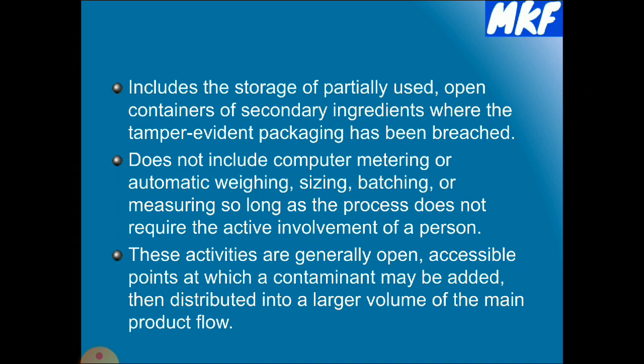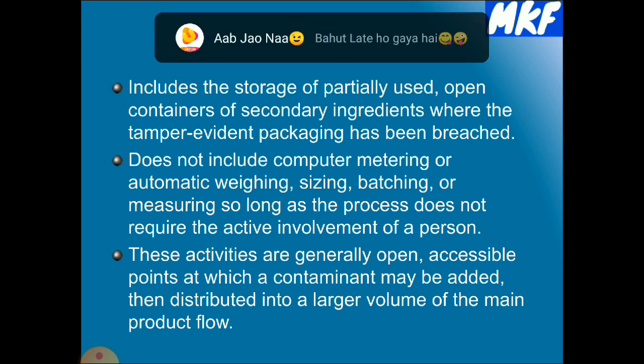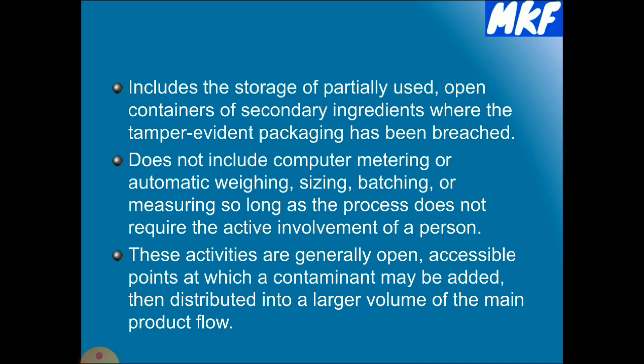We have to check each and every time whenever using anything which is breached, whether the seal is there or not, whether the seal is broken or not. If you notice any suspicious activity, you should immediately communicate to top management. Then they will do the analysis whether it has been adulterated or not, and based on that, they will take corrective action.